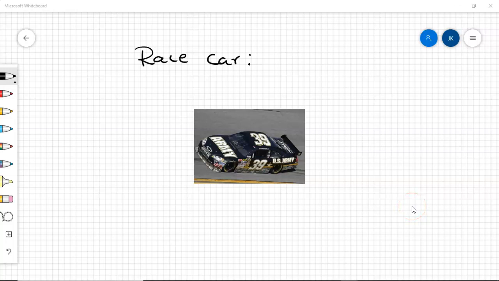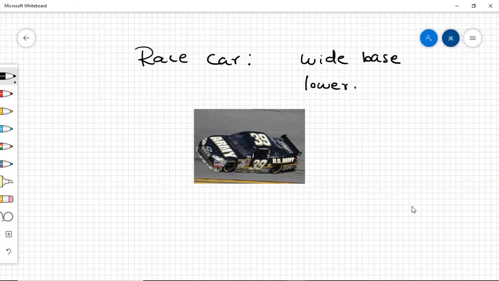Another application, the race car. It has a wider base and it is lower in height. So the center of gravity is closer to the base as the height of the car is not much. It is lower, and then the base area, the gap between the tires, is wider, so it is more stable.